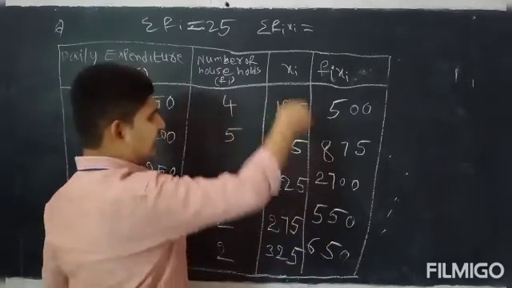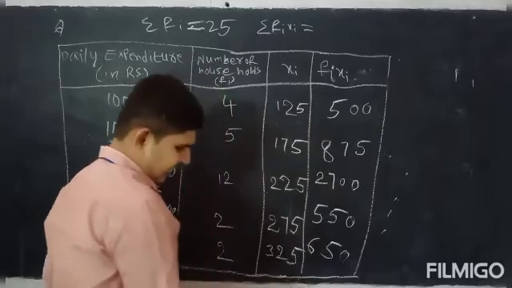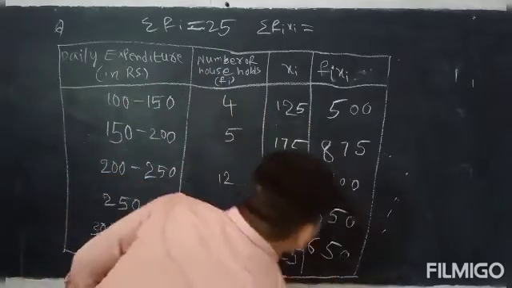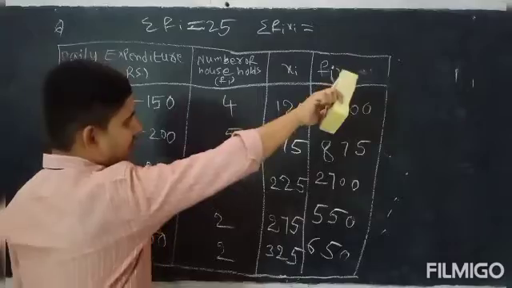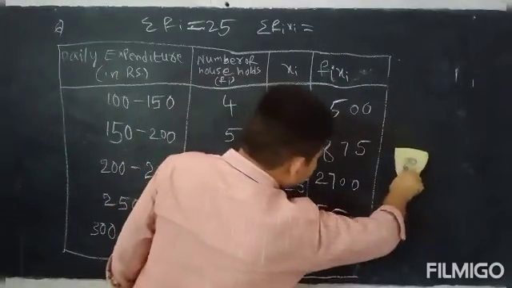These are the fi values. By multiplying the corresponding fi and xi values, we got these values.